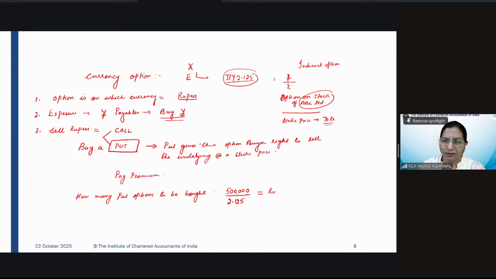So we need to sell rupees 235,294. 0.1176 technically.